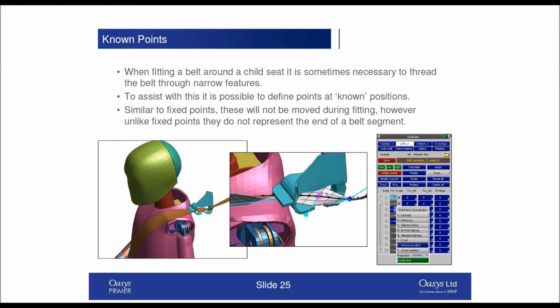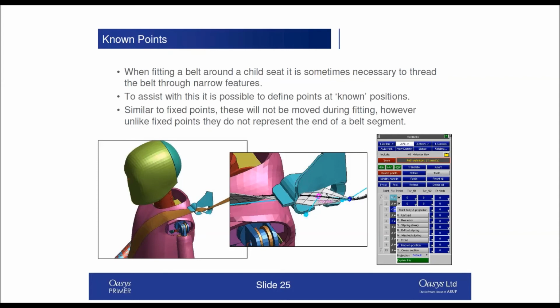And it's really useful for child belts because we often have to navigate very tight geometries. So what we're showing there in that middle picture is a known point for the belt to pass through that collar there.